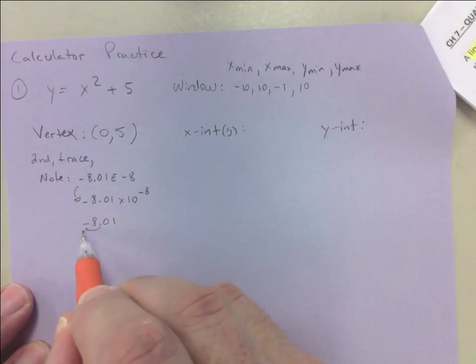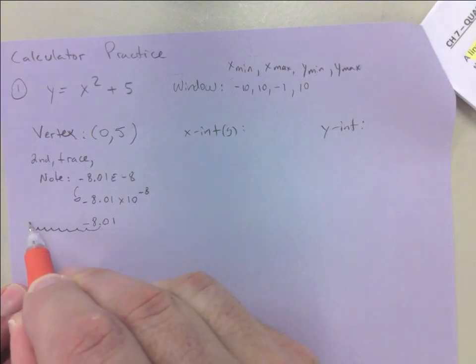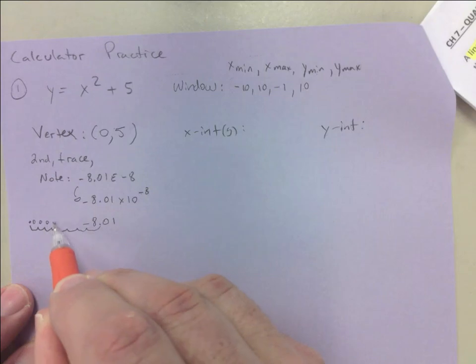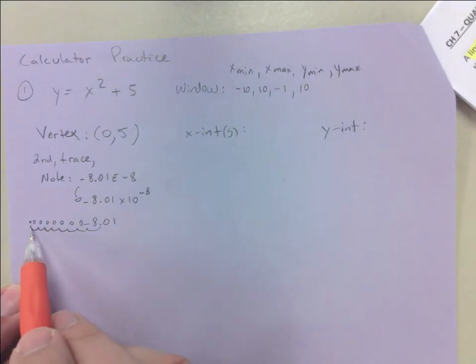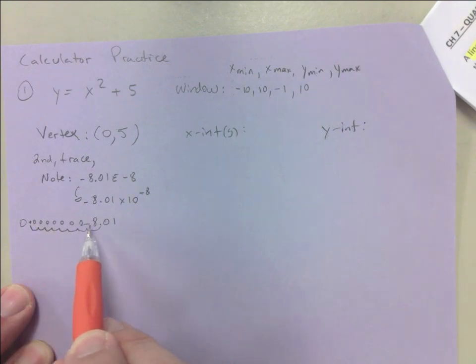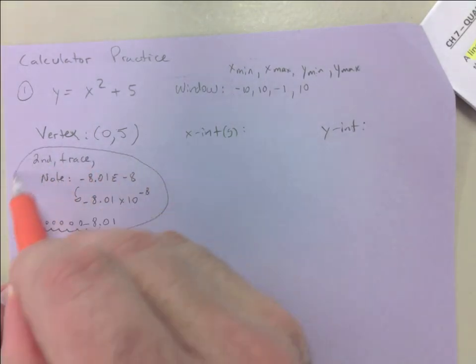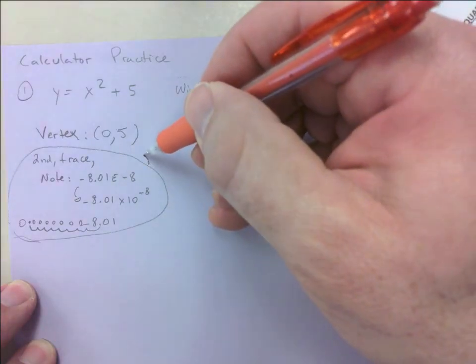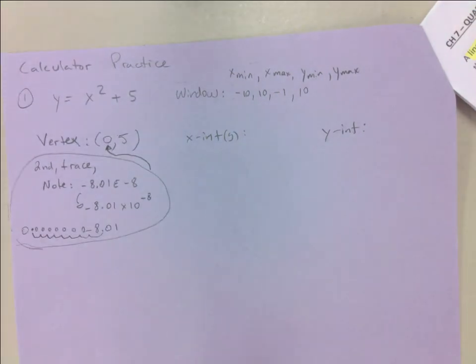So 1, 2, 3, 4, 5, 6, 7, 8. And you fill those values that you've created with zeros, right? So this is 0.00000000801, okay? It's a very, very small number. So basically, we are just going to say that is 0. We don't need to worry about that degree of precision, okay?